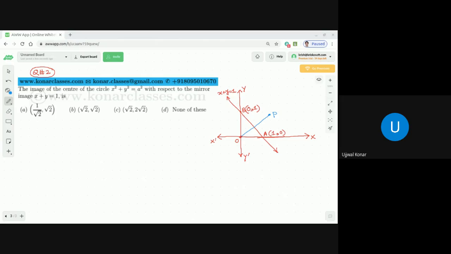Suppose OP intersects this straight line x plus y is equal to 1 at Q. Then obviously Q is the midpoint of AB, and Q is the midpoint of OP as well. Correct or not?